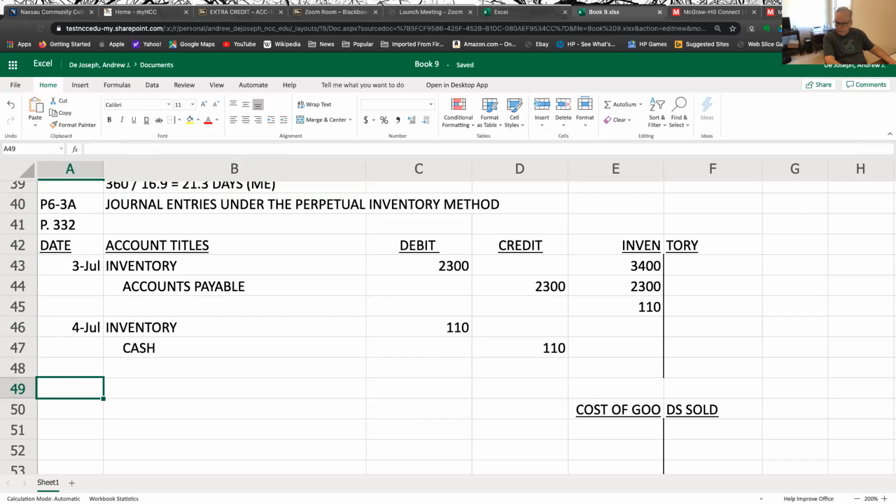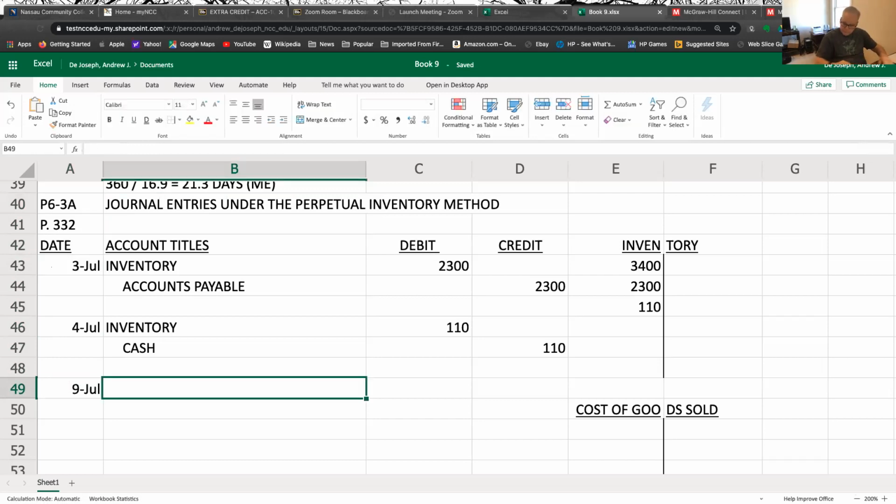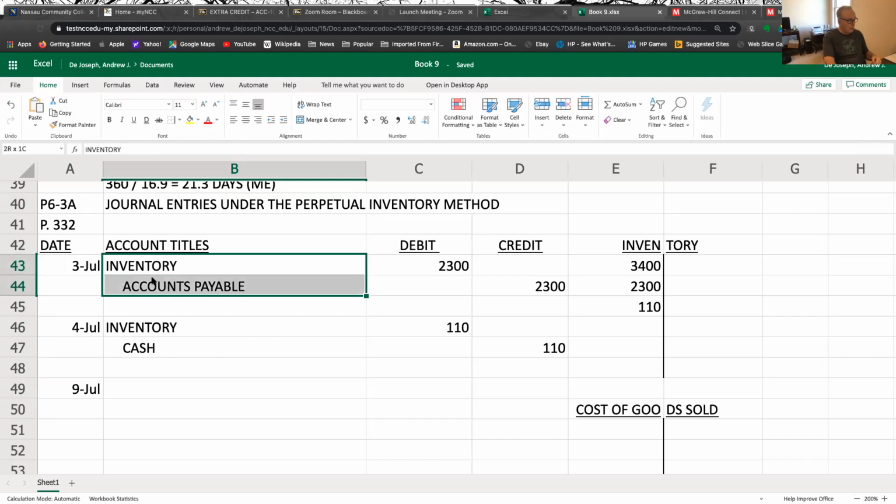Okay, now after July 4th comes July 9th. And it says, I returned incorrectly ordered CDs to Wholesale Music and received a credit of $200. So these CDs that I bought here, there was something wrong with some of them. So I returned them. So think about it for a second.